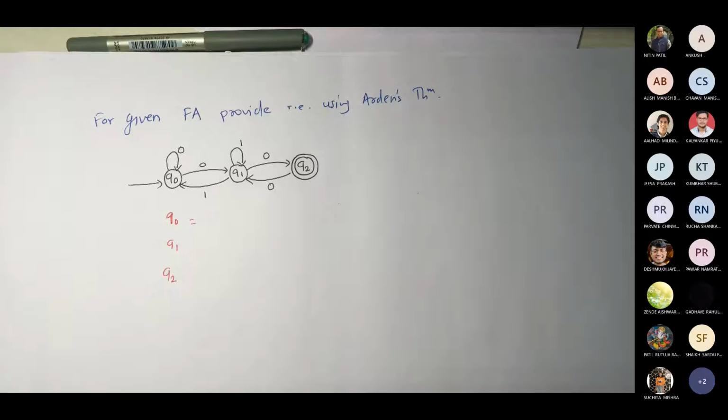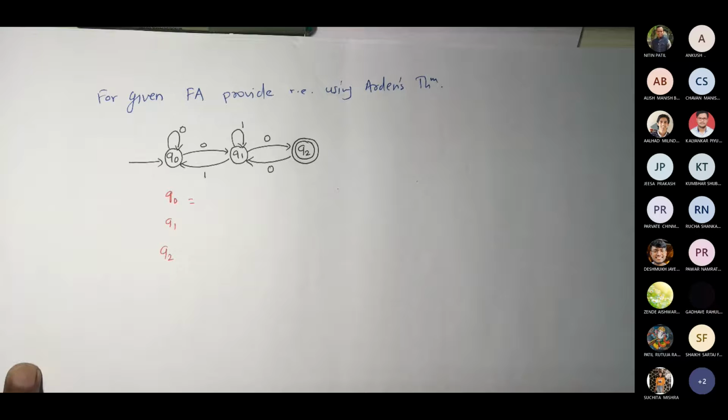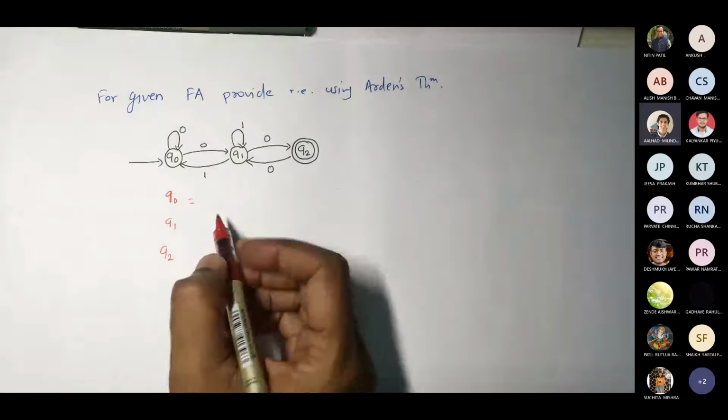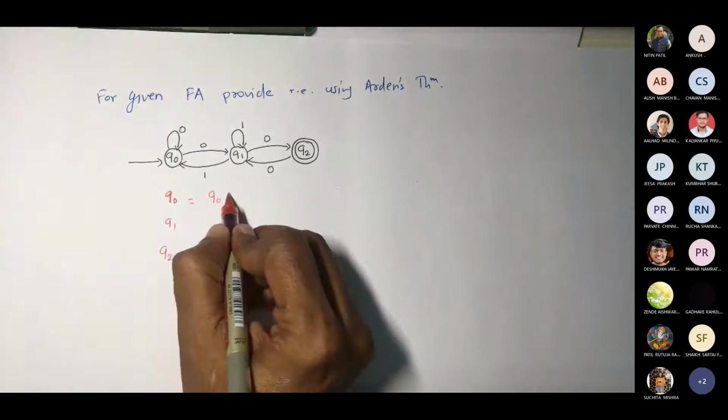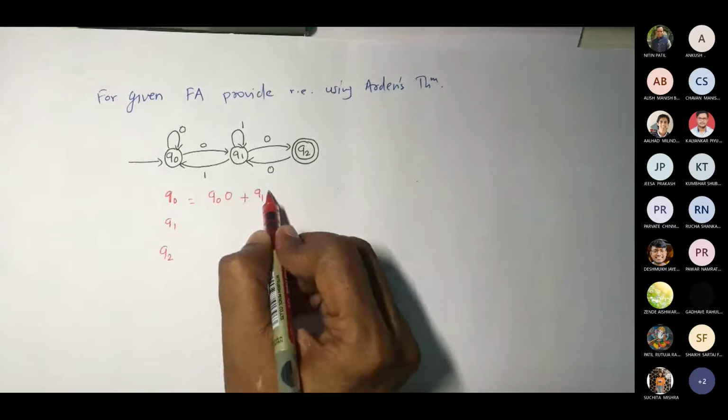Can somebody tell? Yes, 0 and 1. For Q0, a self loop for 0, and from Q1 with 1. Good. So let us write Q0, 0, plus there is a transition again with 1, so it is Q1, 1.